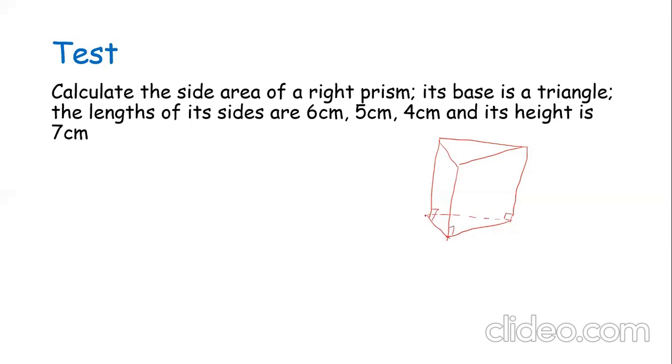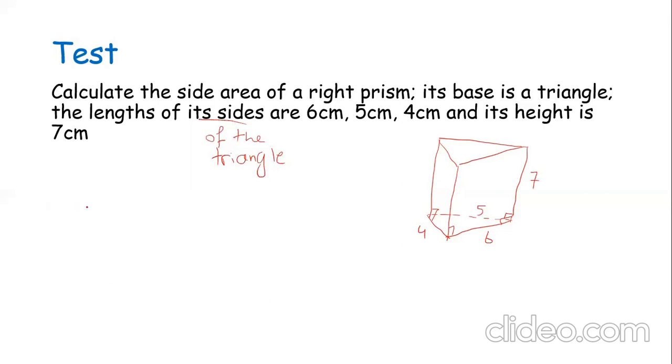The lengths of its sides are 6 centimeters, 5 centimeters, 4 centimeters, and its height is 7 centimeters. So here, the sides of the triangle are 4, 5 and 6. And here we have the height of the prism is 7.